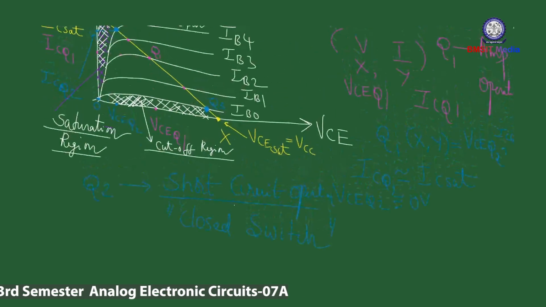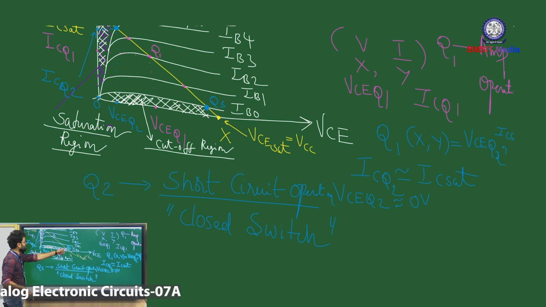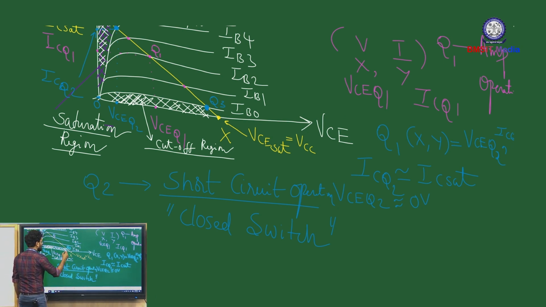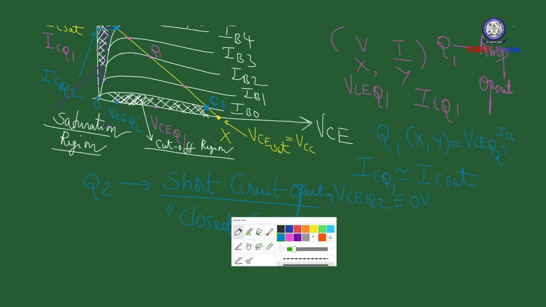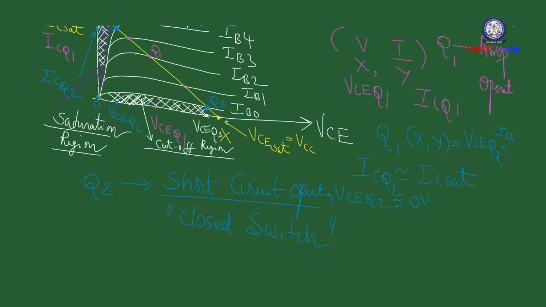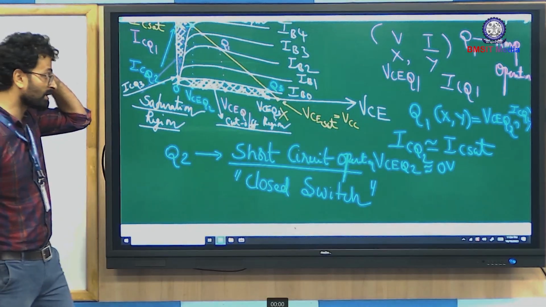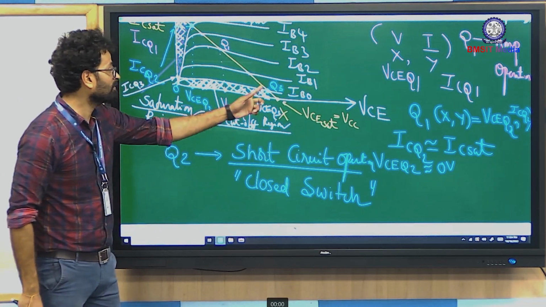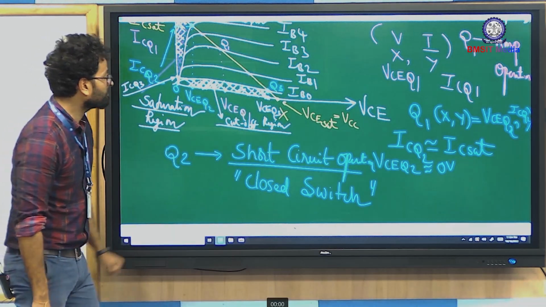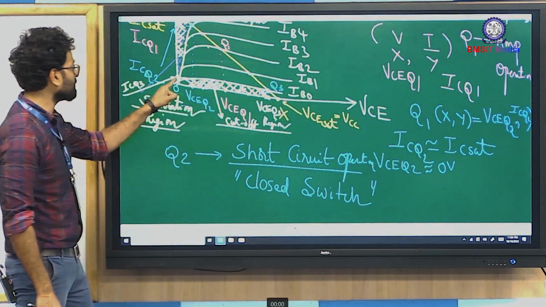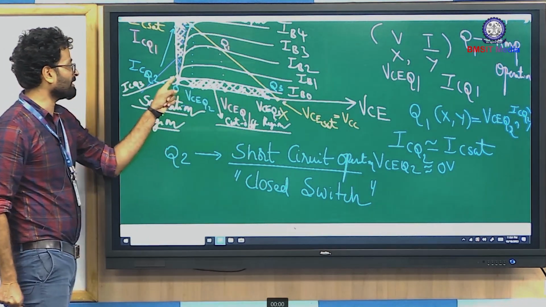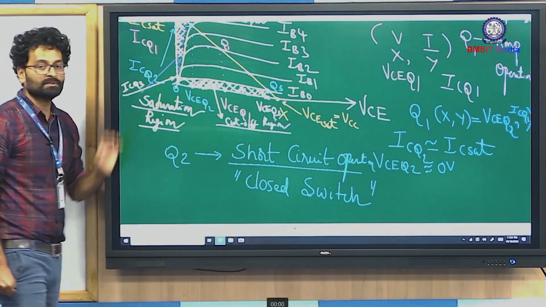On the other hand, if you select point Q3, if you were to extract the coordinates of Q3, you have VCE Q3 over here, and then you also have IC Q3 along the y-axis. If you concentrate on the coordinates of point Q3, you would find that the current coordinate is located very closer to the origin.